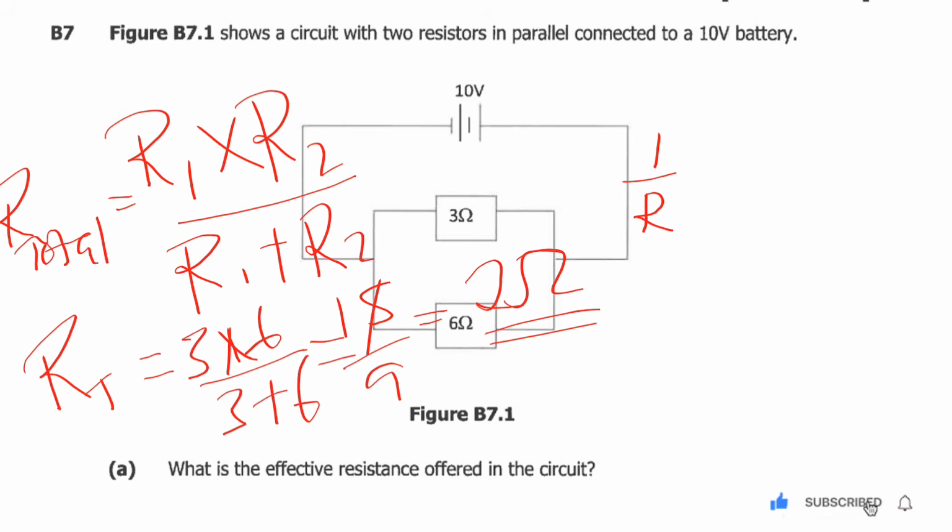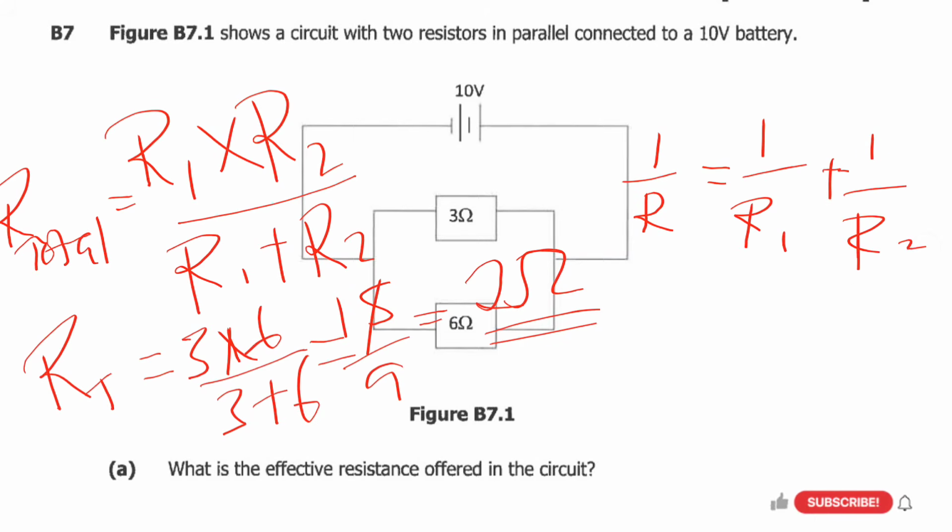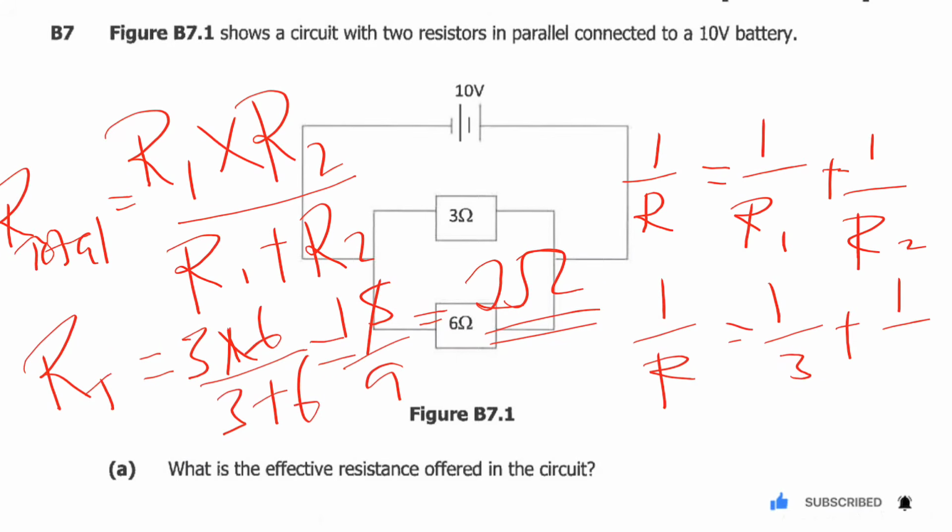So 1 over total resistance equals 1 over resistor 1, which is 3, plus 1 over resistor 2, which is 6.